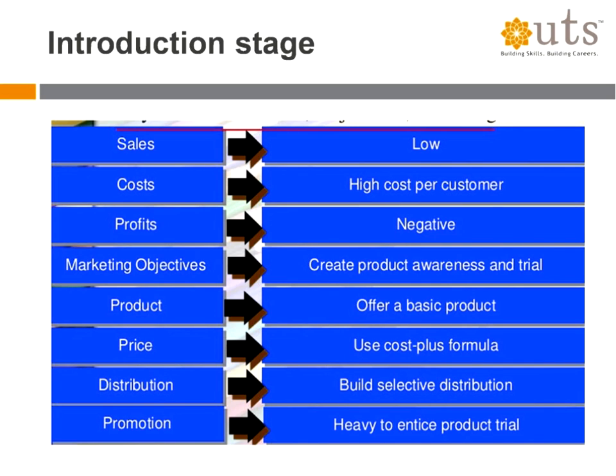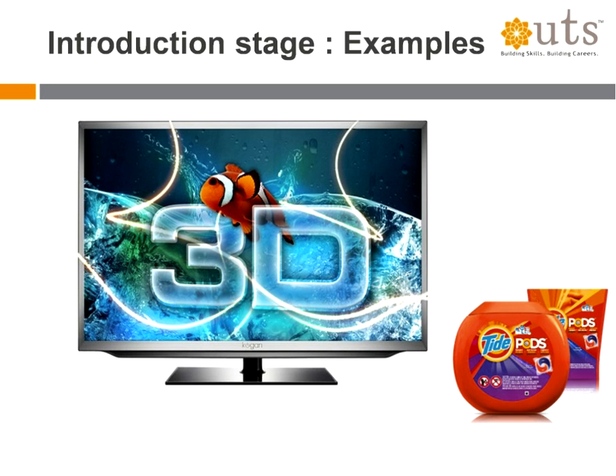Okay, now let us move to the strategy part. Now see, these are two examples of the introduction stage. As I have already said, the tablet PCs and yes, the 3D TVs, 3D HD TVs which have recently been launched by Samsung and LG, are also in the introduction stage.